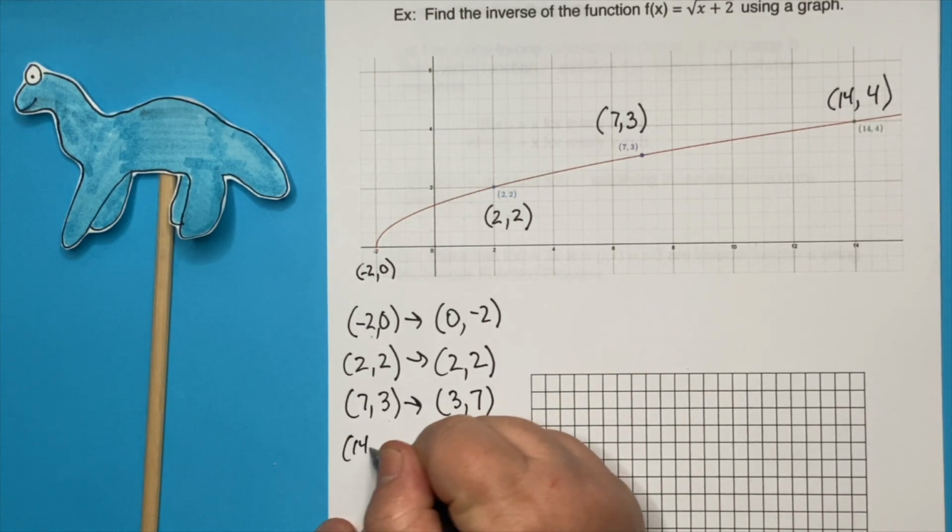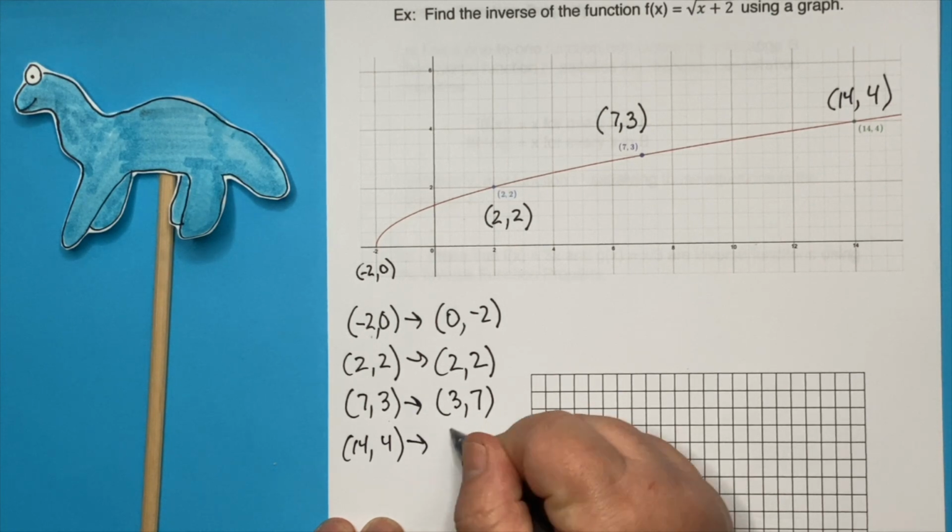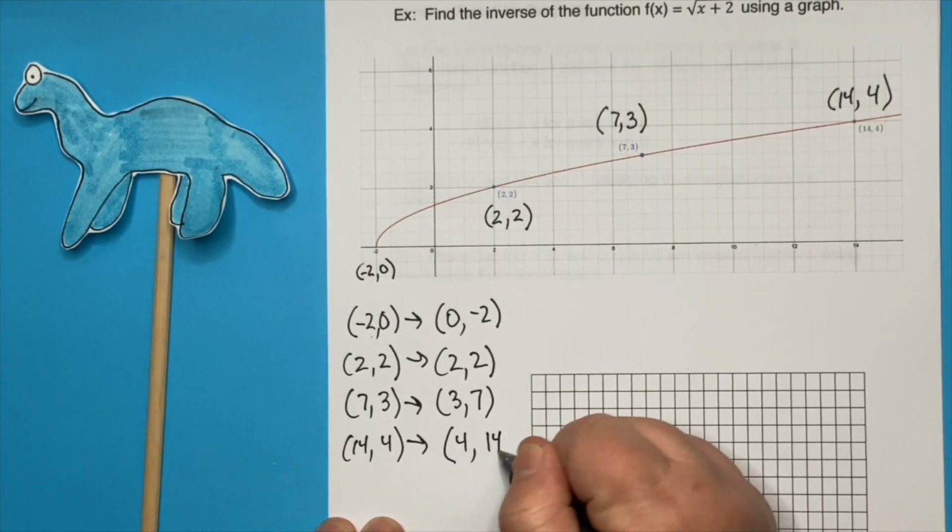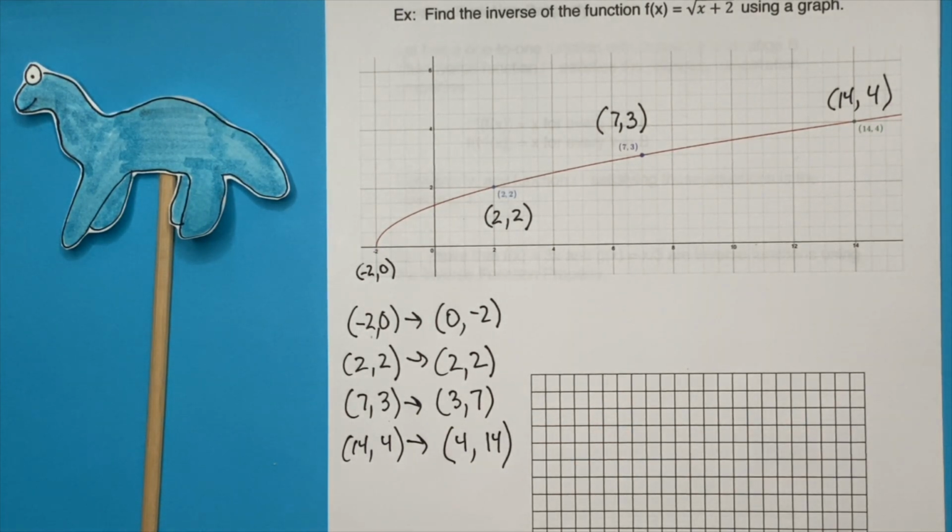And 14, 4 becomes 4, 14. So we just reverse the order. Remember, inverses take the input, make it the output, and vice versa.